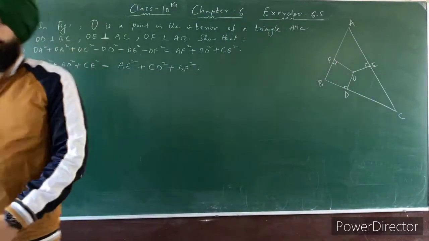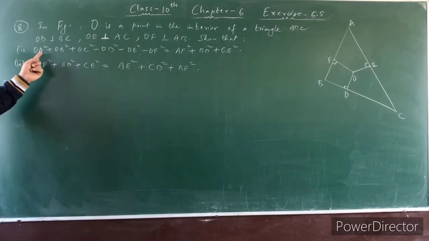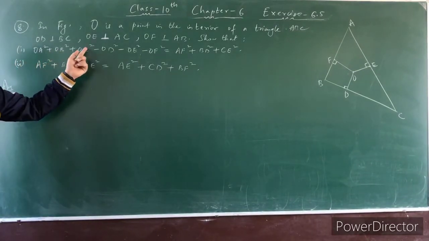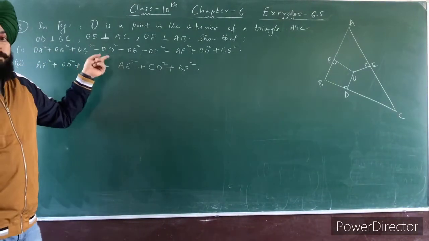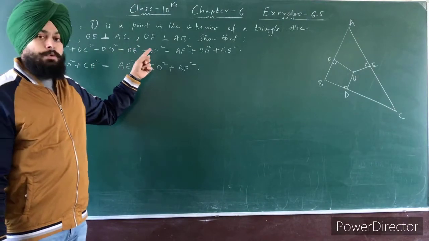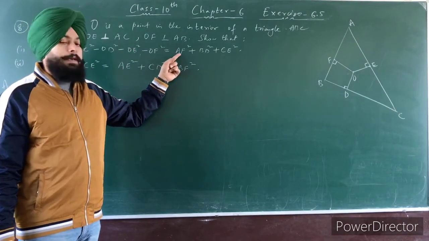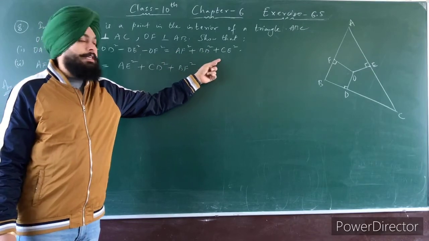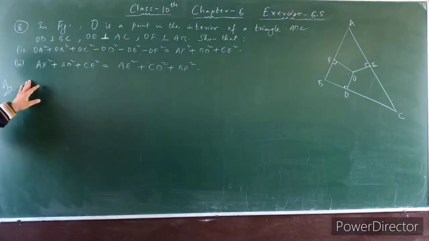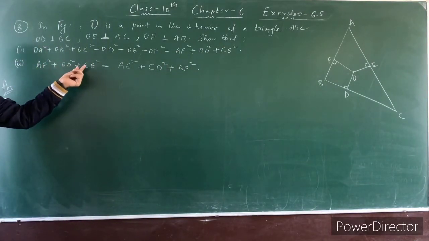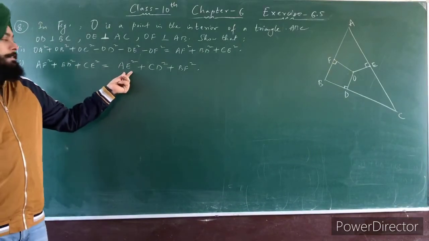So we have to prove two parts. The first is OA square plus OB square plus OC square minus OD square minus OE square minus OF square is equal to AF square plus BD square plus CE square. And the second part is AF square plus BD square plus CE square is equal to AE square plus CD square plus BF square.